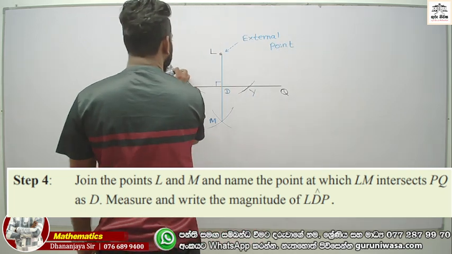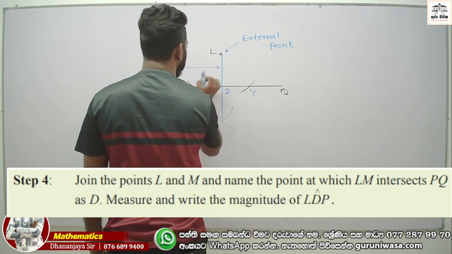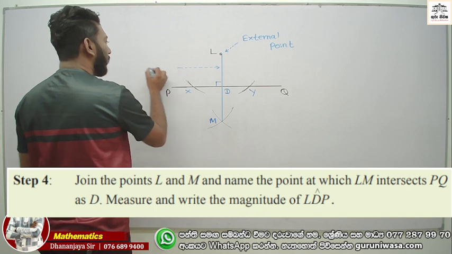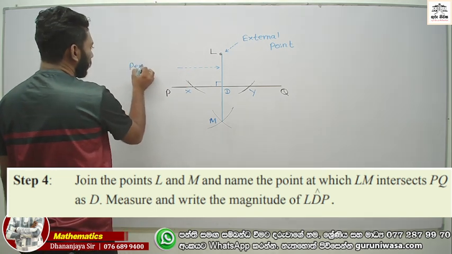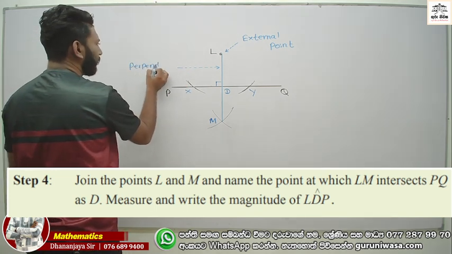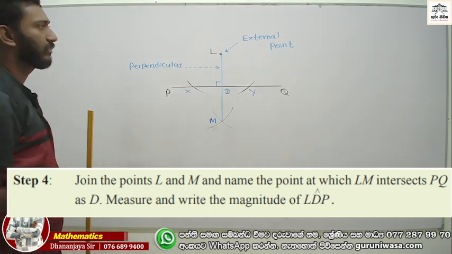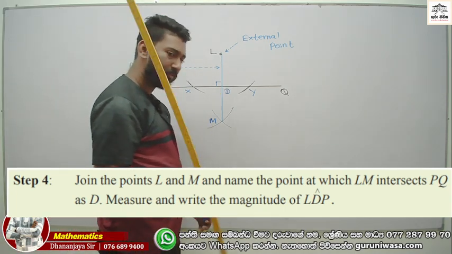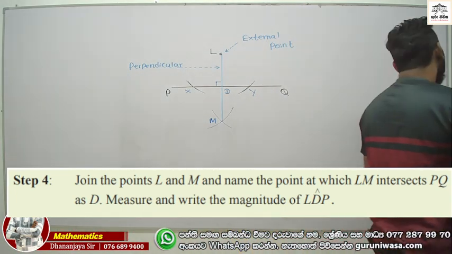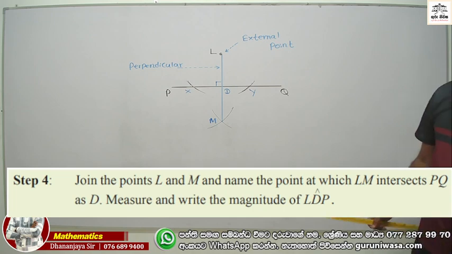And this one we call a perpendicular. Right. Now the last one we can draw. These are compass. These are ruler.